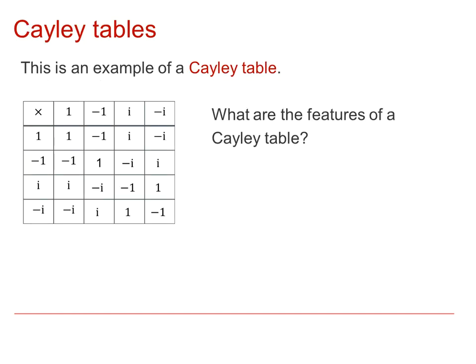However, we don't necessarily have to have associativity, and we don't necessarily need to have commutativity. It's such that in this particular set then it is commutative, so you can see if I combine i and 1 together, then I get the same as combining 1 and i.